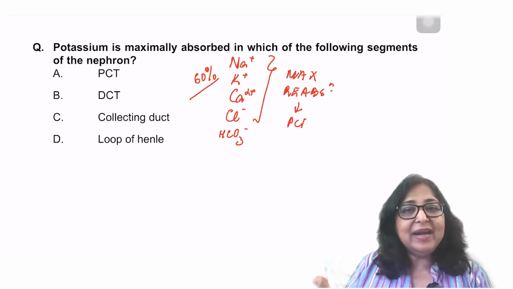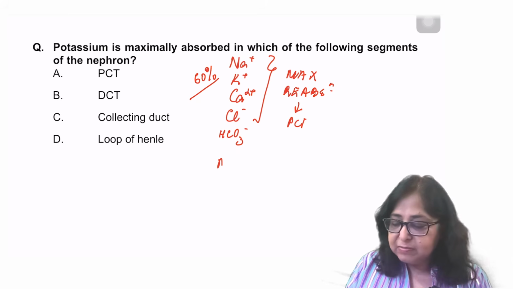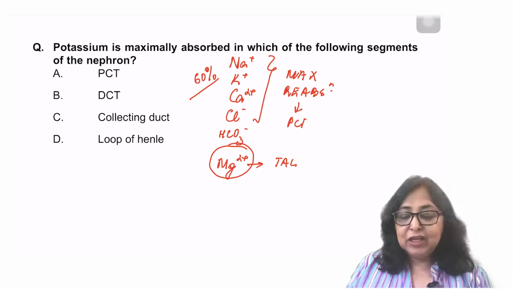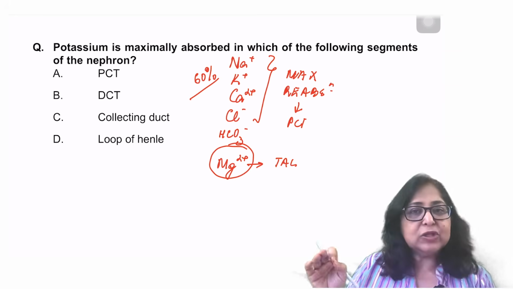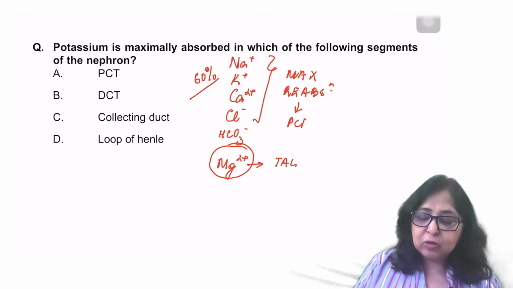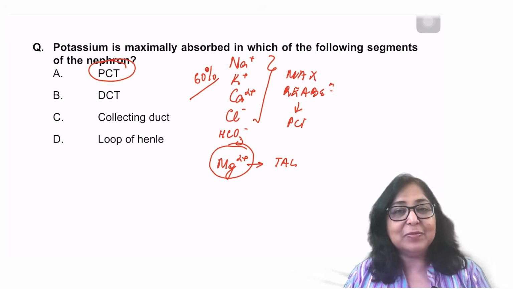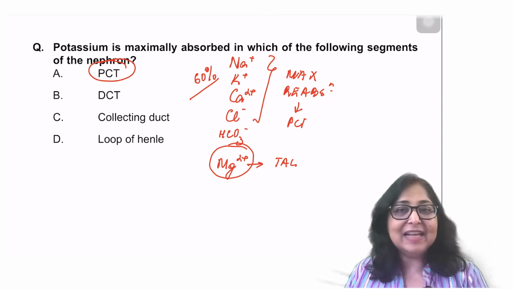There's only one electrolyte, one ion, which has a maximum absorption in the thick ascending limb, and that is magnesium. So please remember whether it's sodium, potassium, calcium, chloride, bicarbonate, maximum absorption will be PCT. Only for magnesium, the answer will be thick ascending limb.